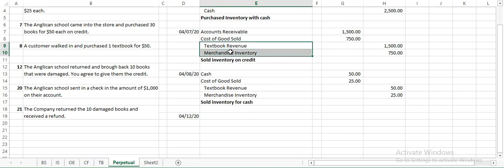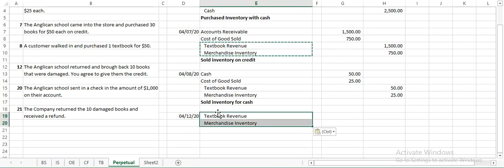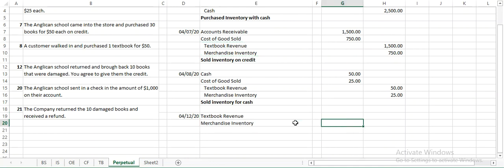So textbook revenue and merchandise inventory would be the accounts that are debited in this situation, because we're taking out the revenue that was recorded, and we're also putting back the value of the inventory that we received.